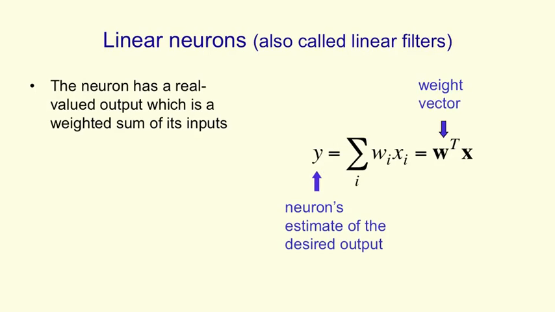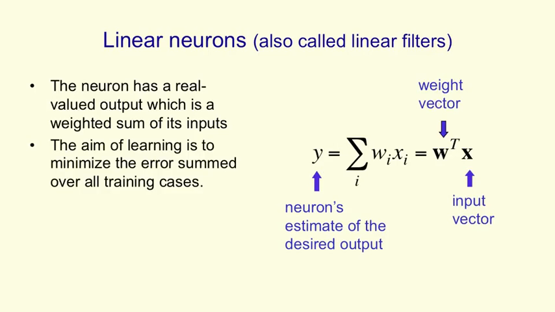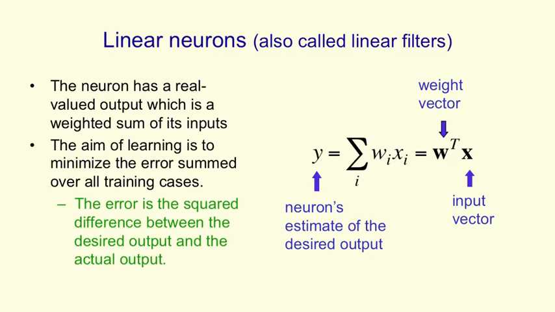So we can write it in summation form, or we can write it in vector notation. The aim of the learning is to minimize the error summed over all training cases. We need a measure of that error, and to keep life simple, we use the squared difference between the target output and the actual output.